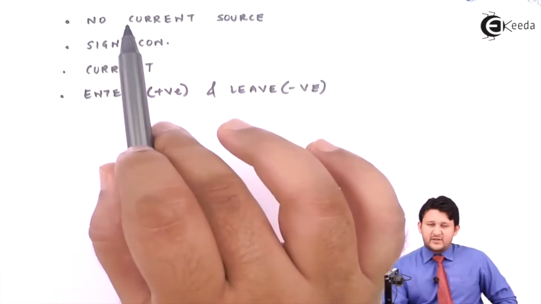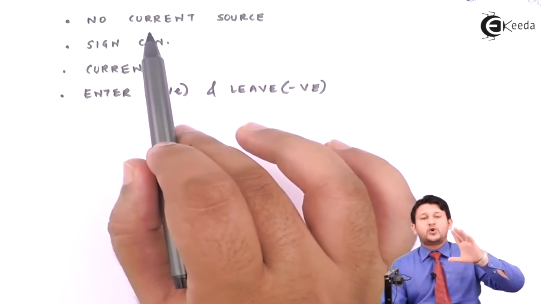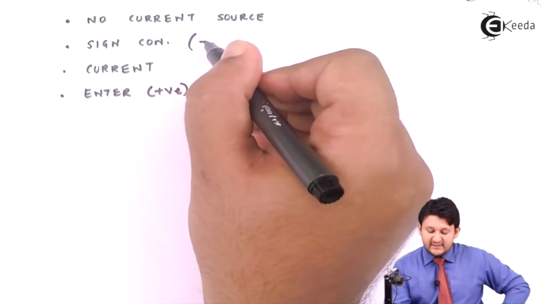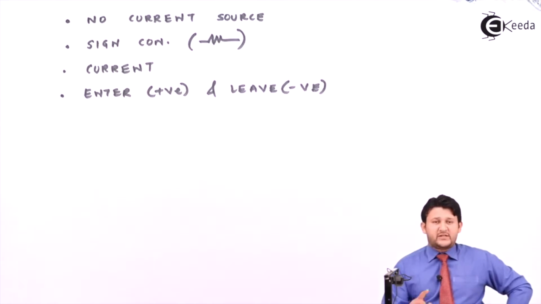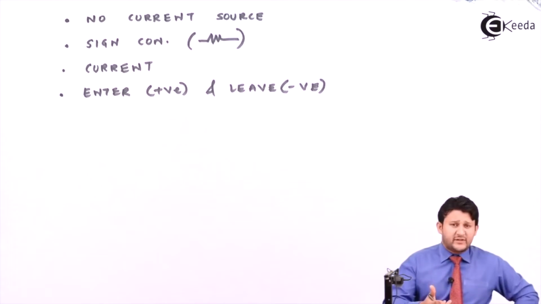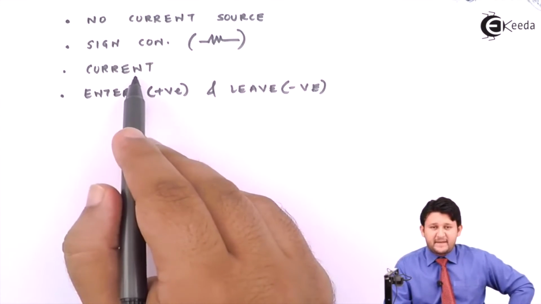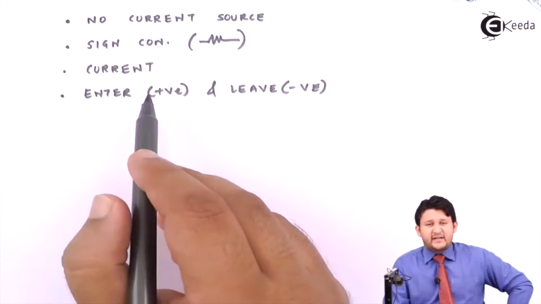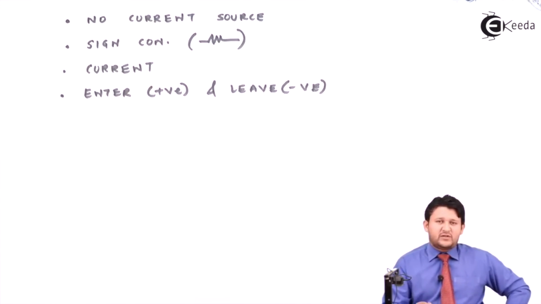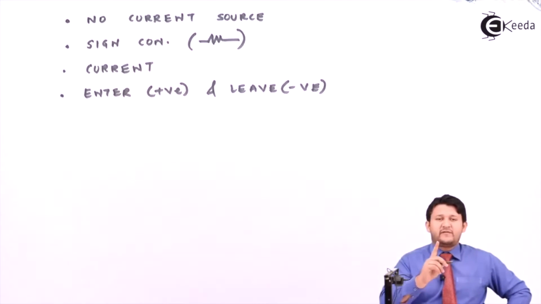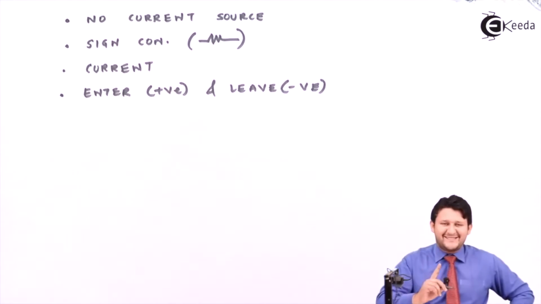After selection, put the sign convention on all the resistances. Now the next question arises, who will give the sign convention? The sign convention will be given by the current. Where the current enters the resistance, give it positive, where it leaves the resistance, give it negative. So this is the step you need to follow for every Thevenin sum for finding VTH. The sum becomes much easier, my dear friend.